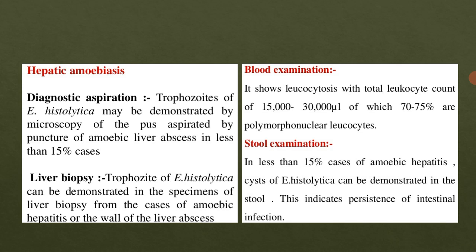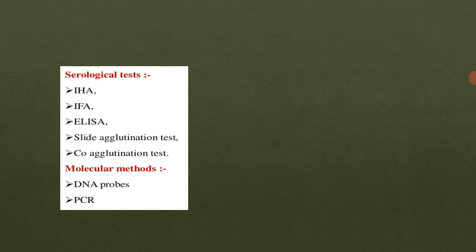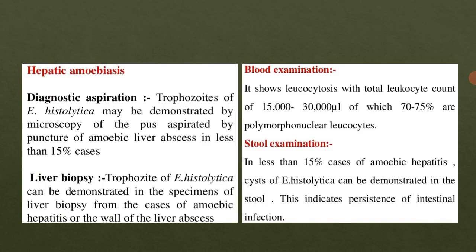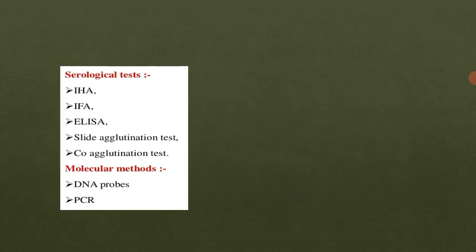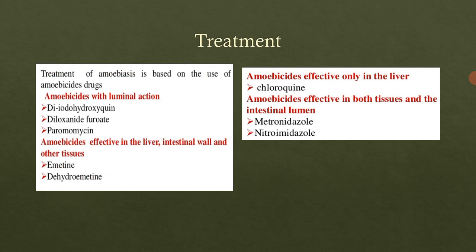For samples we can take blood, stool, and scrapings of the ulcers produced in the intestines. Then we can use the antibody test using serology, and the molecular tests such as PCR and DNA probes for determining the genome of this parasite.